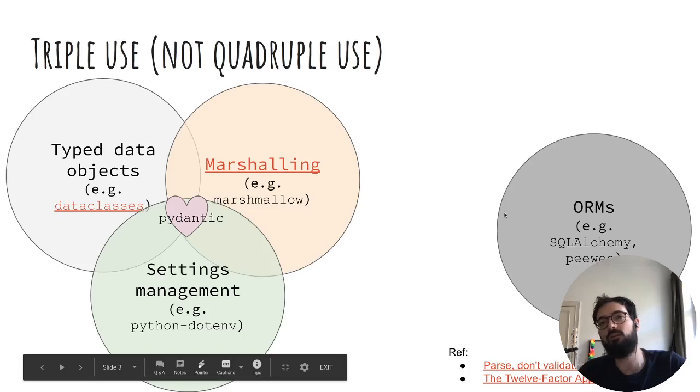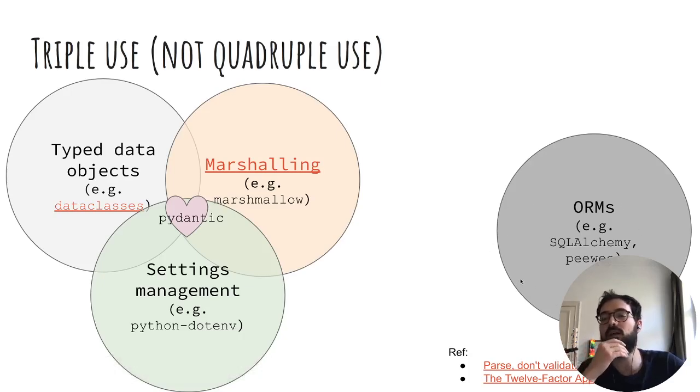The one thing it doesn't do, and that's why I put it in a separate bubble on the right, is replace ORM. ORMs are those libraries that you need when you want to speak to a database in Python. You usually would need to create data models that look a little bit like data classes actually, but you need to write them separately from your data classes, and then you need to map each column to a column in your database in order to do the query mapping and everything.